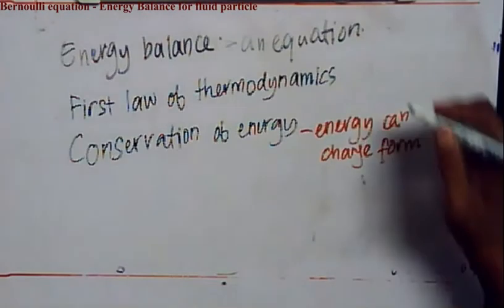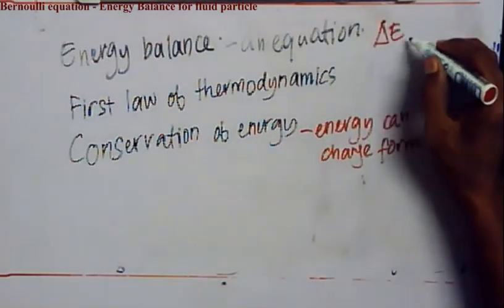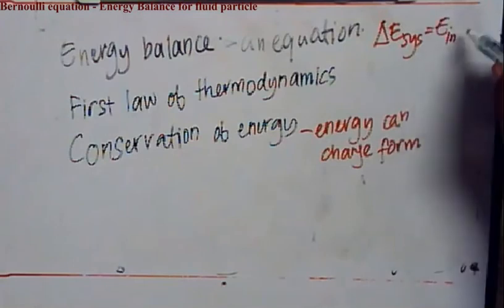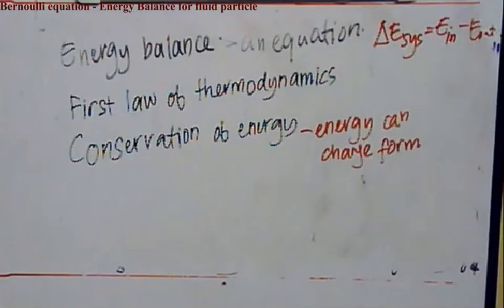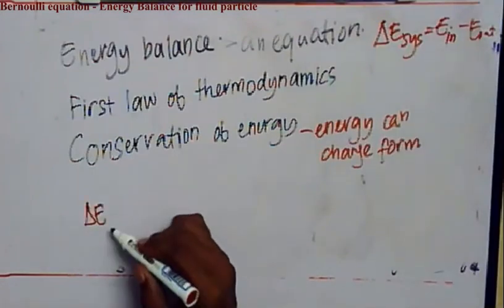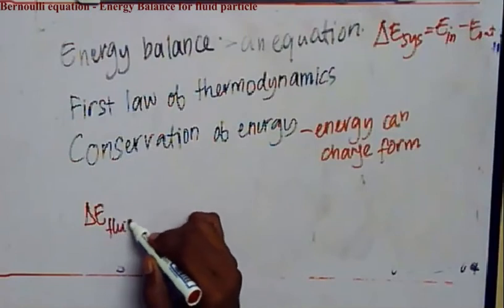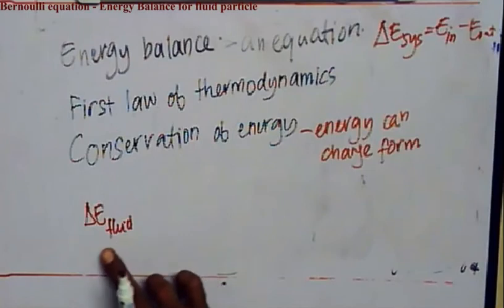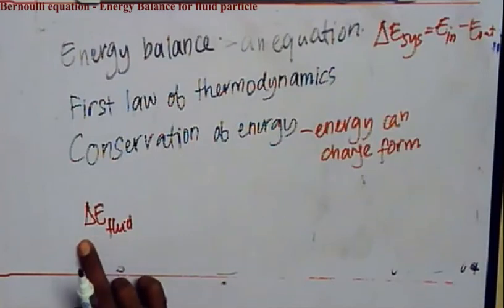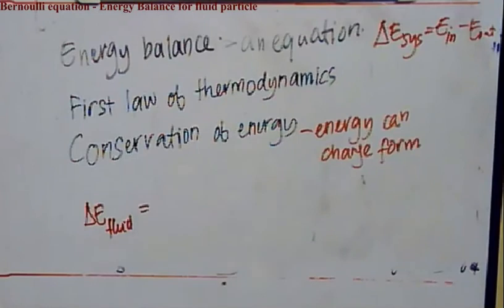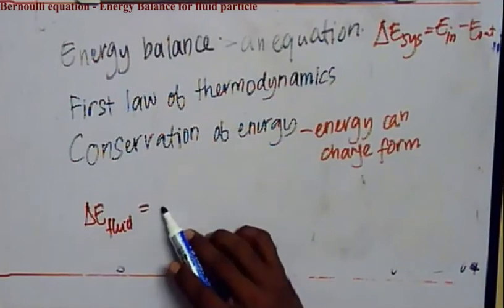So the equation will be delta E system equals E in minus E out, right? So delta E will be the total energy of the fluid, because we learned about fluid, right? If it's water, delta total energy change for water, and then that is equal to energy exchange.